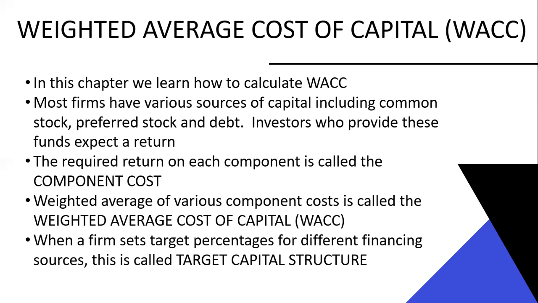The weighted average cost of capital is therefore a very important factor to understand. Now, generally speaking, companies don't just randomly go and get debt or issue stock. In fact, they have target percentages for different types of financing sources. And this is known as a target capital structure.